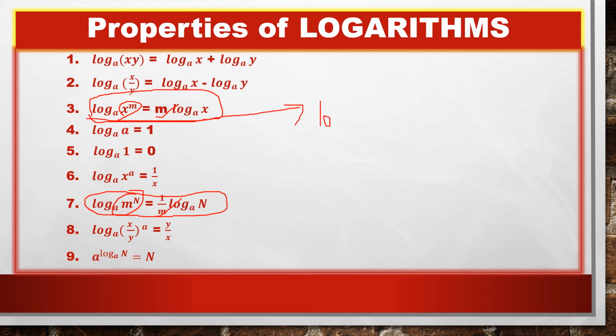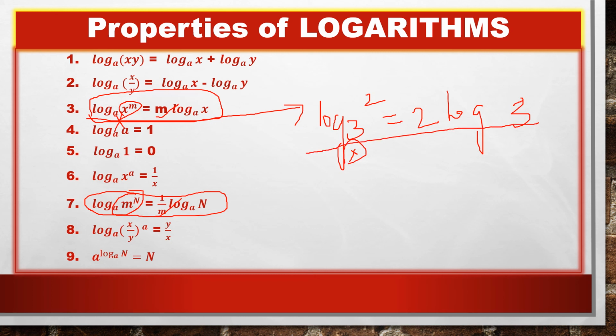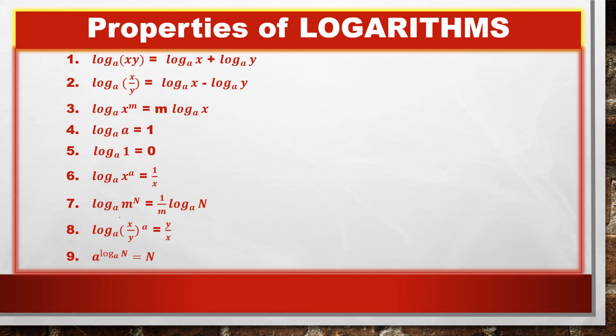Your question will be like this, log 3 power 2 or log 2 base 3. You can write like 2 log 3. There is no need of writing the base here. Okay, no need of writing this a. In the question he will not give this a, so whenever the base a is not given, you should use this formula. Whereas here he will represent all these three.